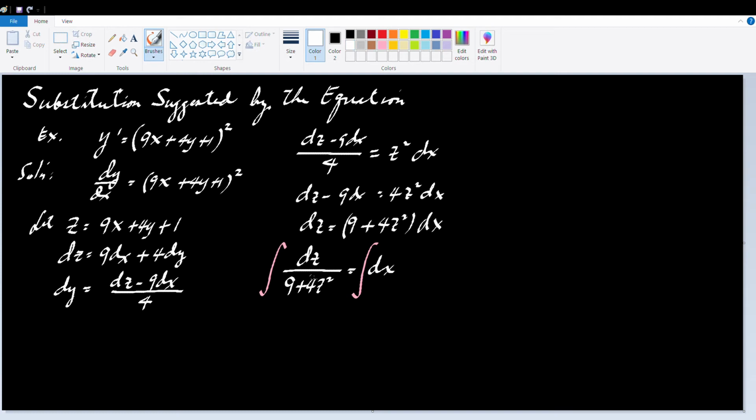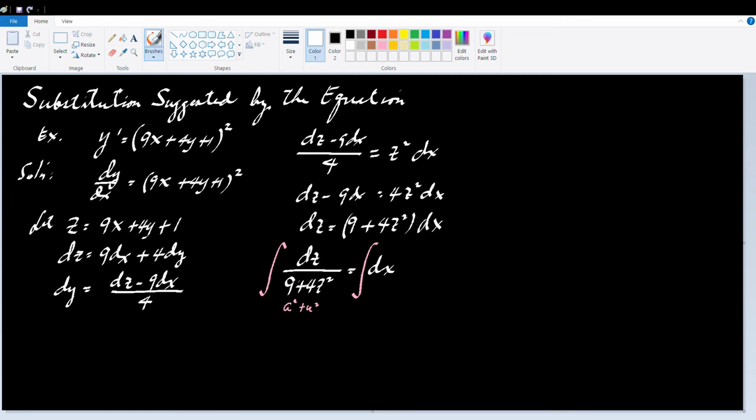So integrating dz over 9 plus 4z squared, it is of the form a squared plus u squared, wherein your u is 2z and the differential is 2dz.